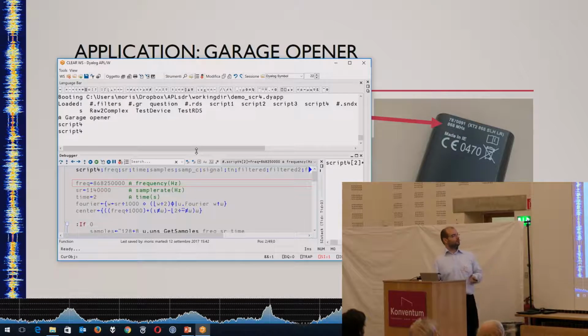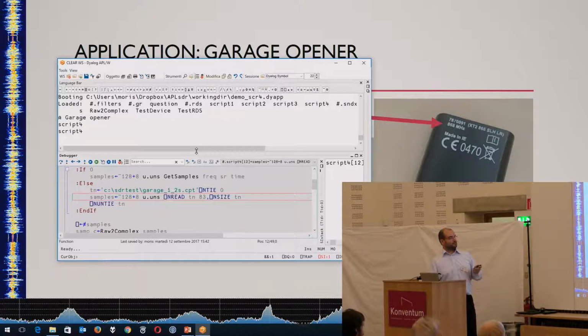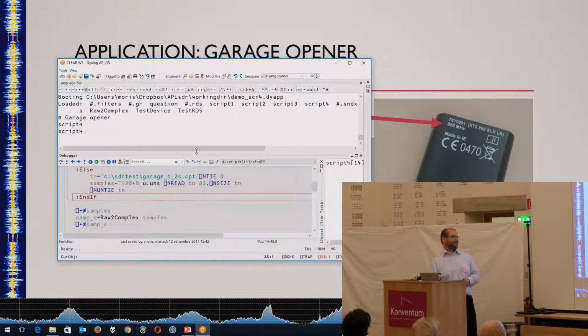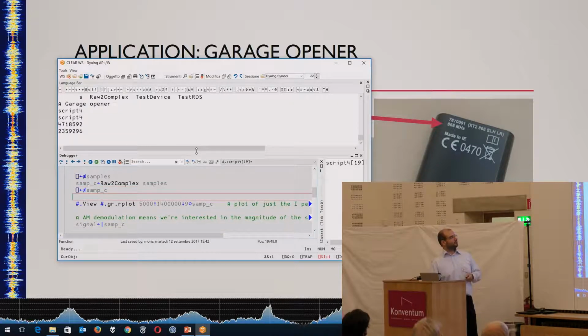So frequency is the one I told you before. Sample rate, again, 1 million samples per second. The signal is pre-recorded. In this case, it's particularly important because you have to find where the signal starts. It takes a bit of time. 4 million samples, because we are getting 2 samples per each reading. Too complex becomes 2 million.